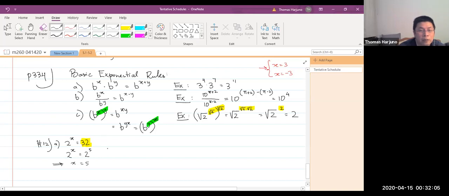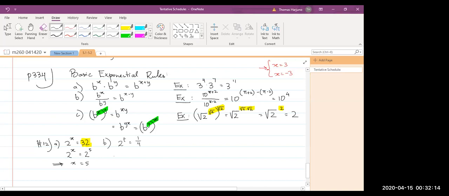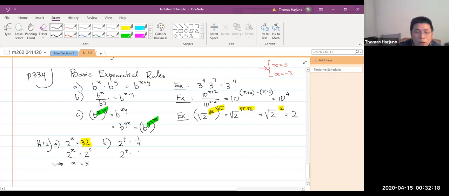Part B: 2 to the power of t equals 1/4. So 1/4 is 1/2 squared, right? The reason is because 1/2 is 2 to the power negative 1.